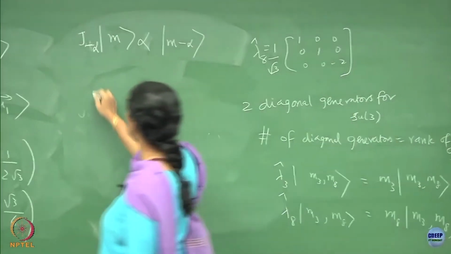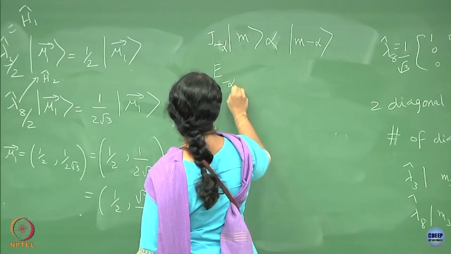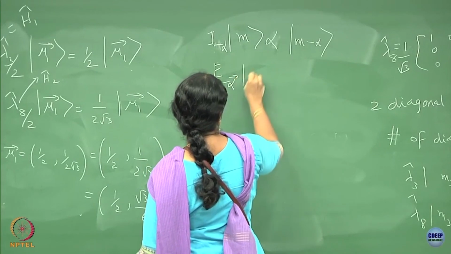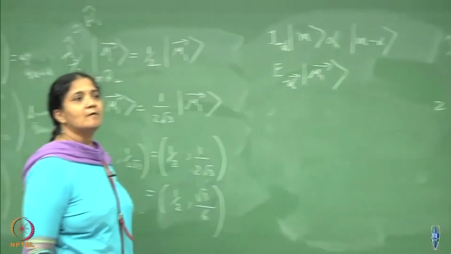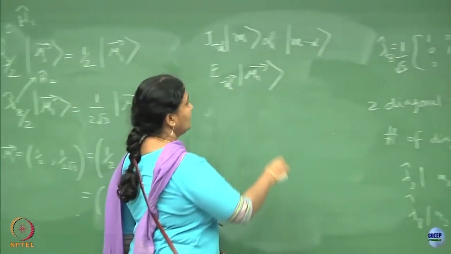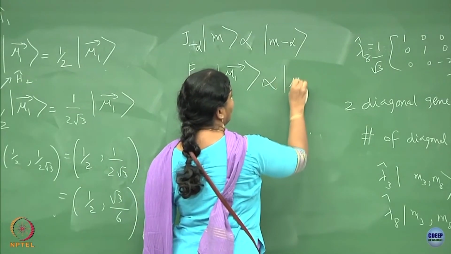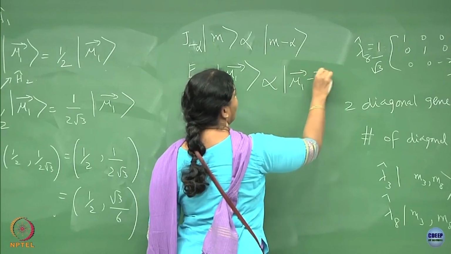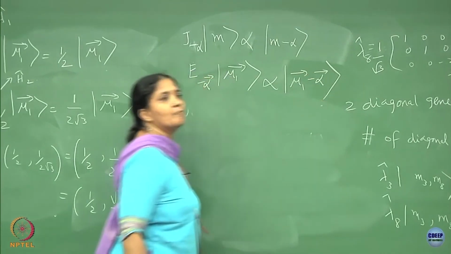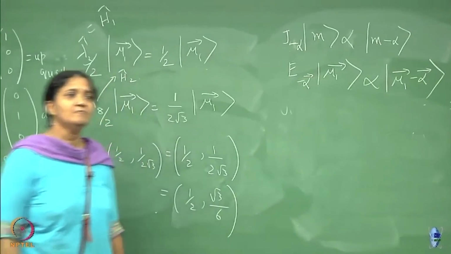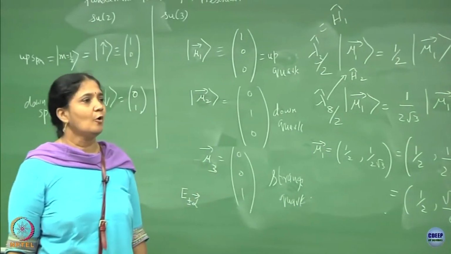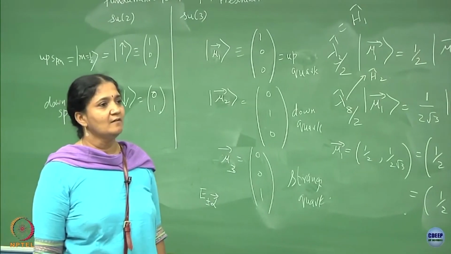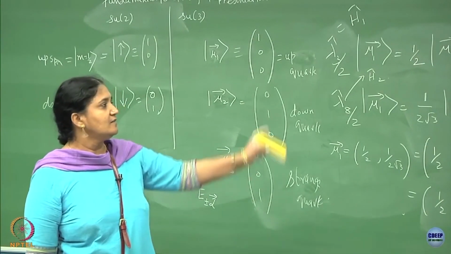Now I am going to say that E minus alpha on mu1 is going to give me, fair enough, a single number promoted to a 2-component vector for SU3.